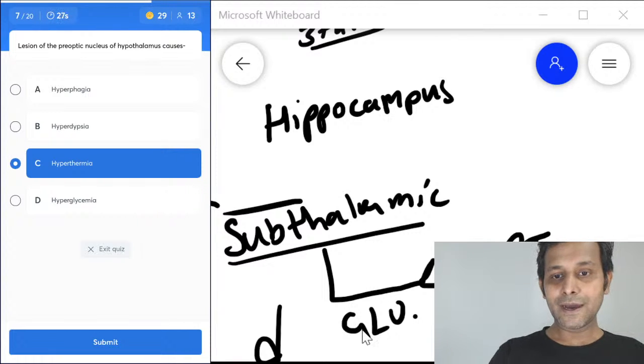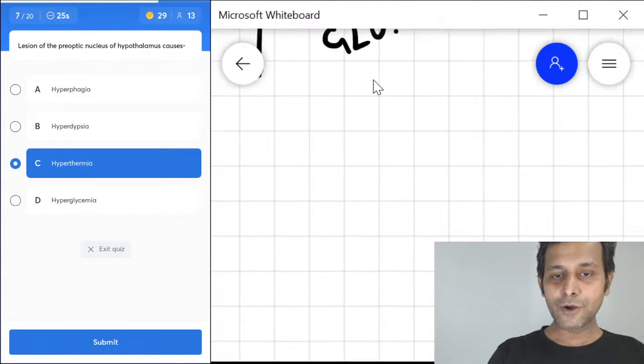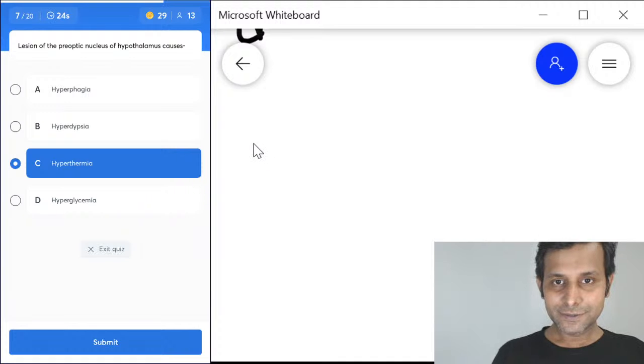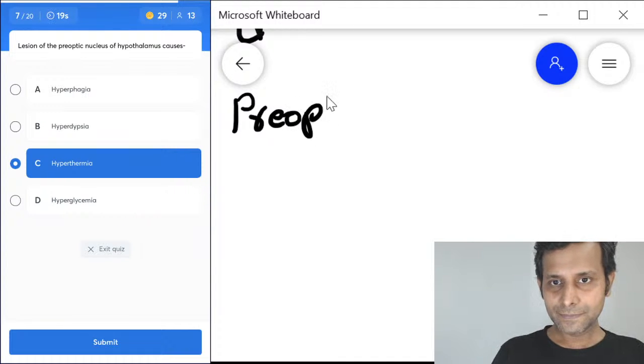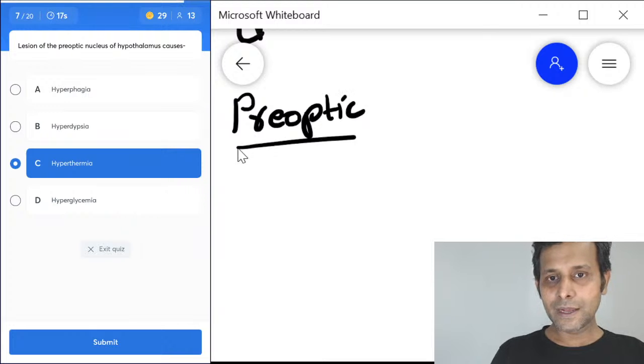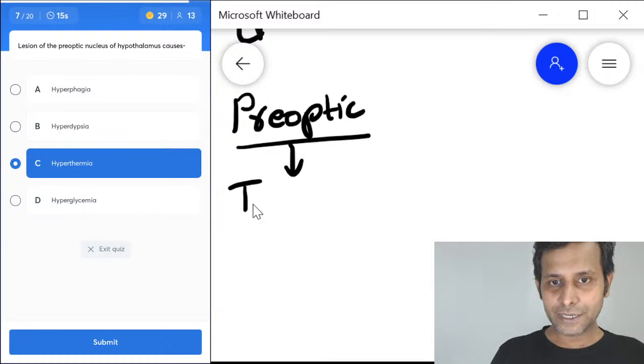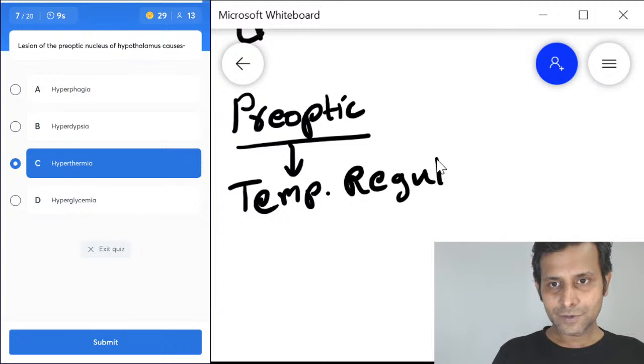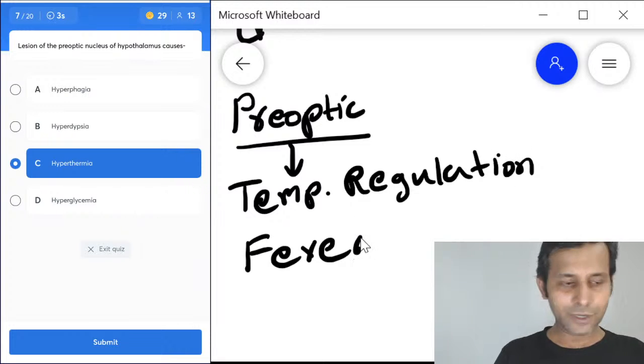The answer is hyperthermia. Please remember, pre-optic nucleus has a role in temperature regulation. So failure or lesion of the pre-optic nucleus leads to fever, which is similar to hyperthermia.